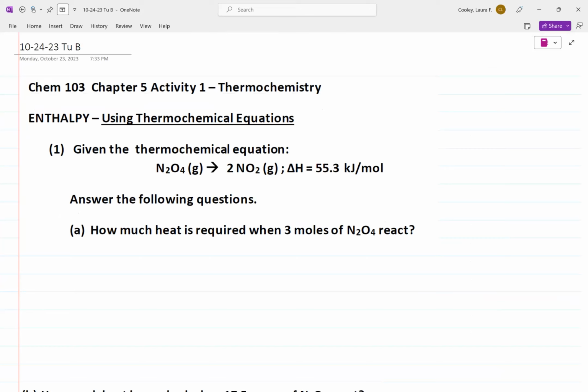Anybody need this handout from last time? Anybody need the other handout?